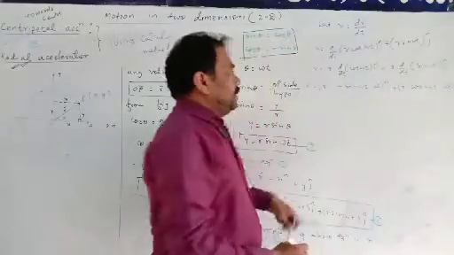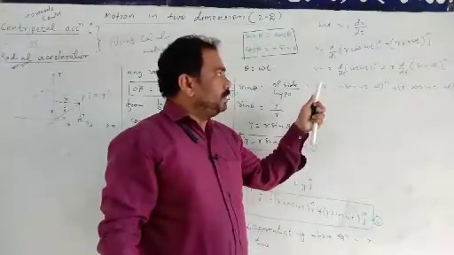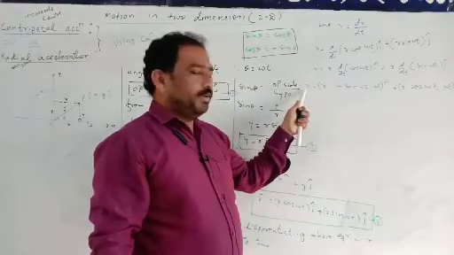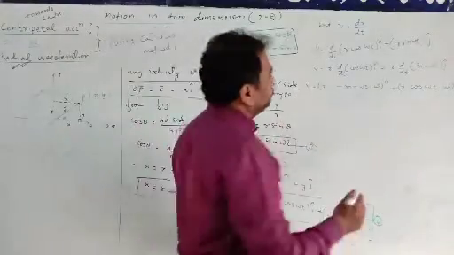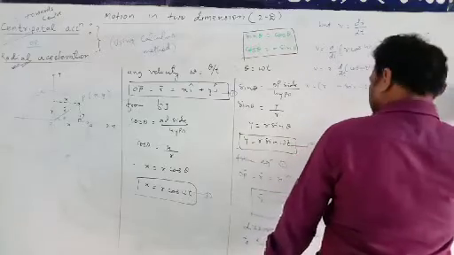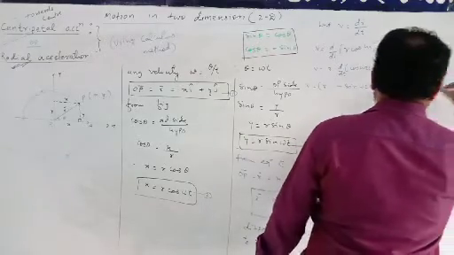Okay. So using a single derivative, we get the value of velocity. This is the value of velocity. Now this is supposed to be equation 5.